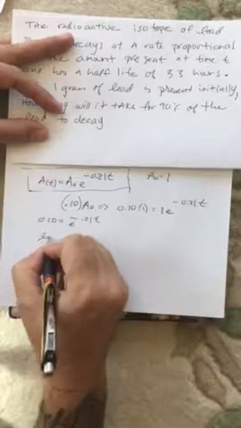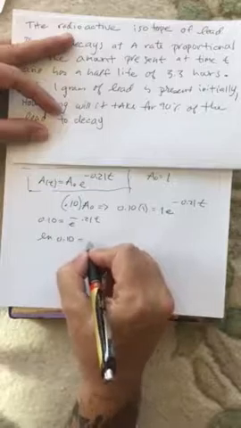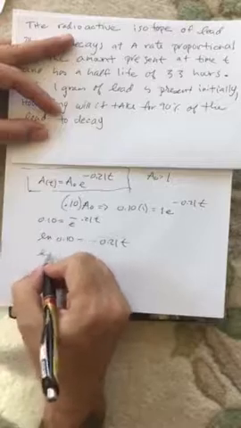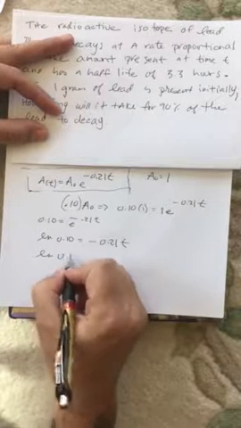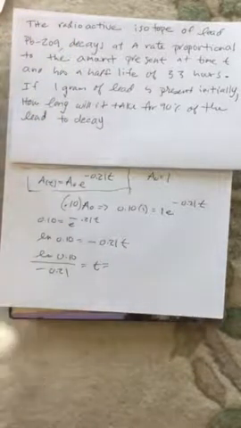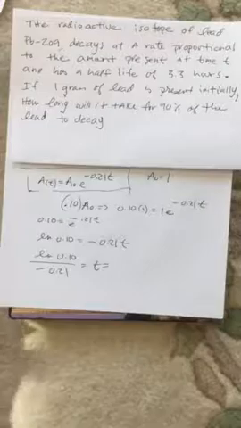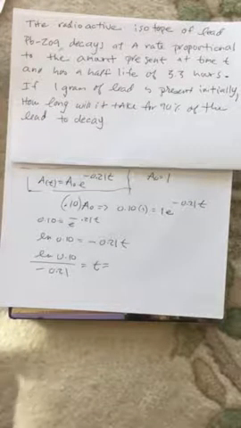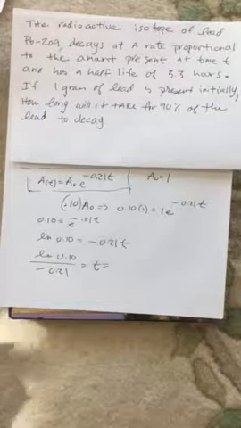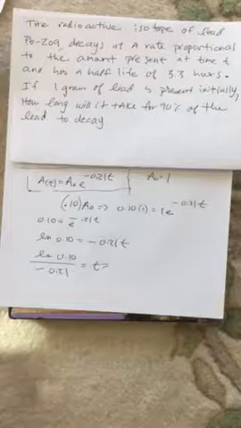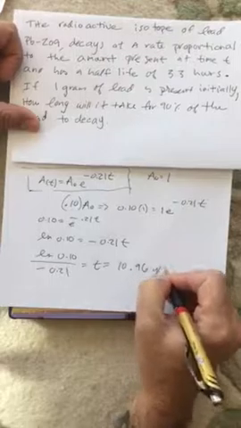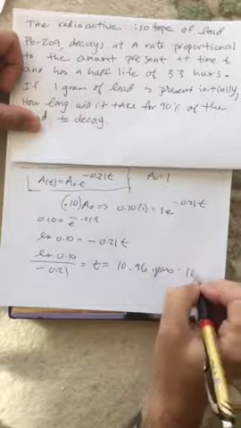Now take log of both sides. We got log 0.10 equals negative 0.21 t. So t equals natural log 0.1 divided by negative 0.21 equals 10.96 years, or just 11 years is fine.